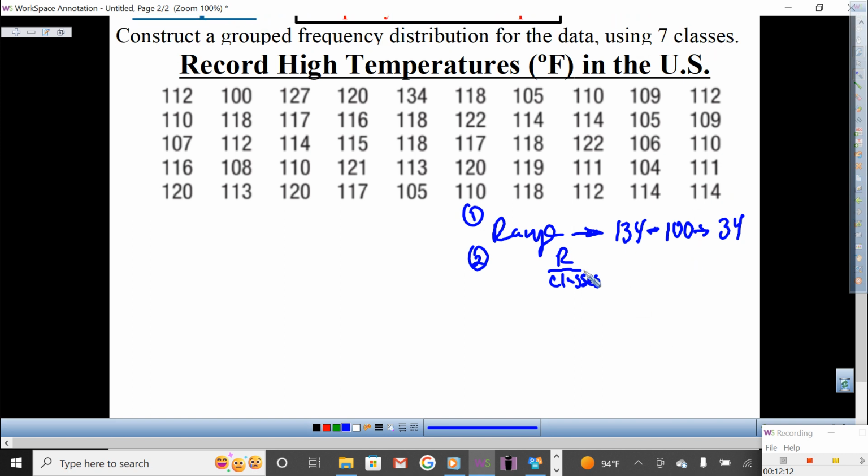So I'm going to take my range, which was what? 34 divided by 7. Do that, please. Give me a number. I'm going to put W for, what does the W stand for? Very good, the width. All right, who's got a number for me?